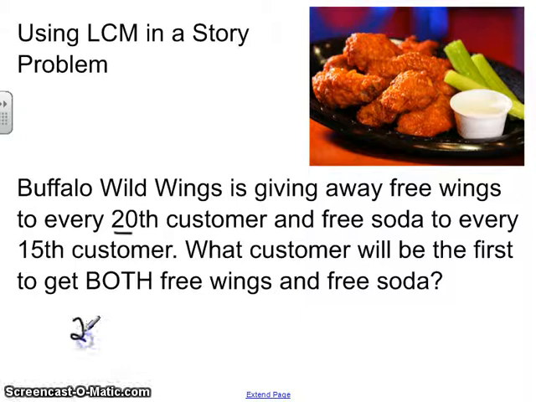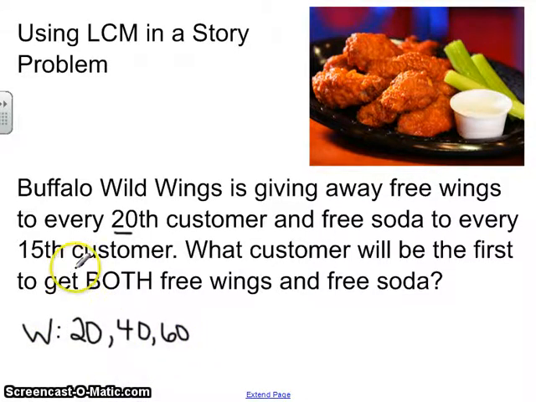The next customer to get wings would be the 40th customer, because every 20 customers get wings. After the 40th customer, the next person to get wings is the 60th customer. I'm going to label this W for wings.